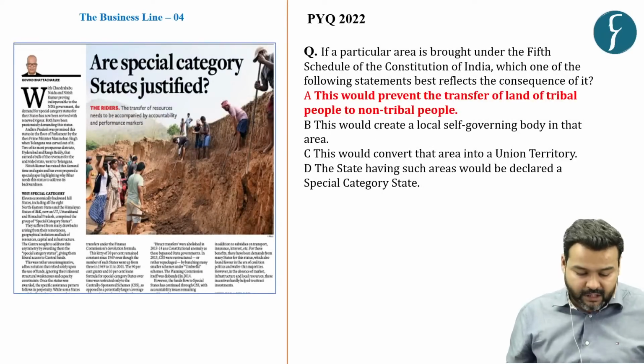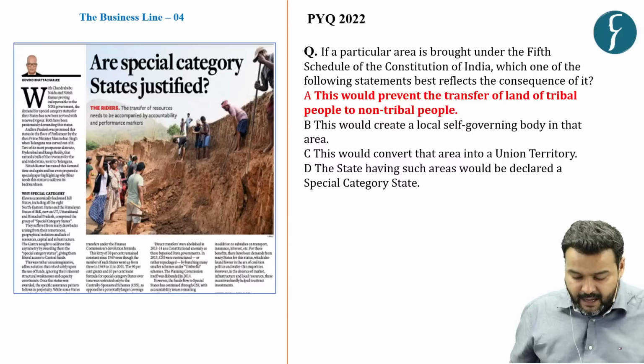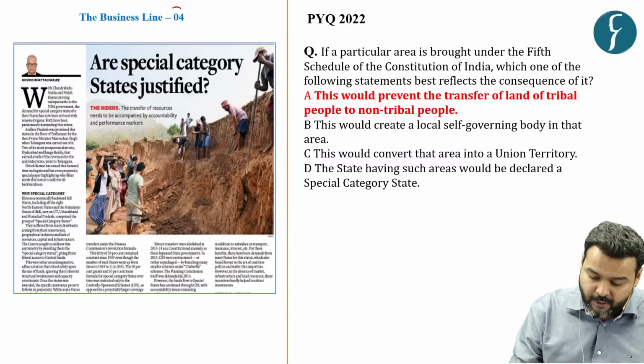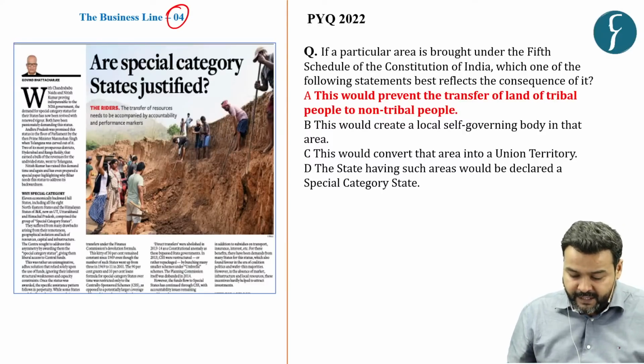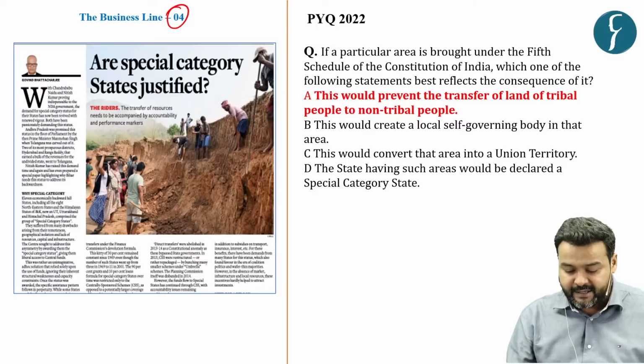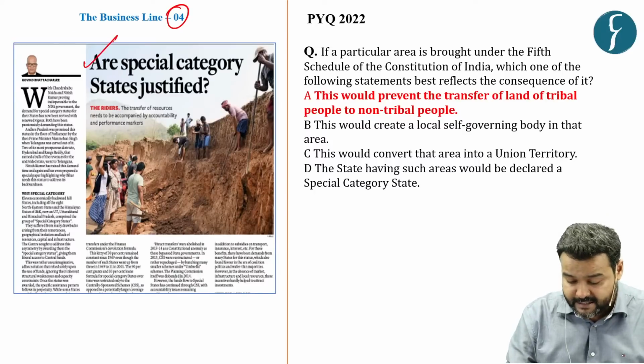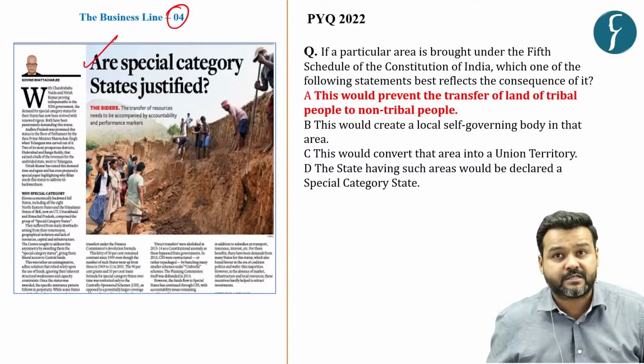That brings us to the last question of today's session, and we have picked it from the Business Line newspaper, page number 4, and it talks about the special category states, and the title says, are special category states justified?